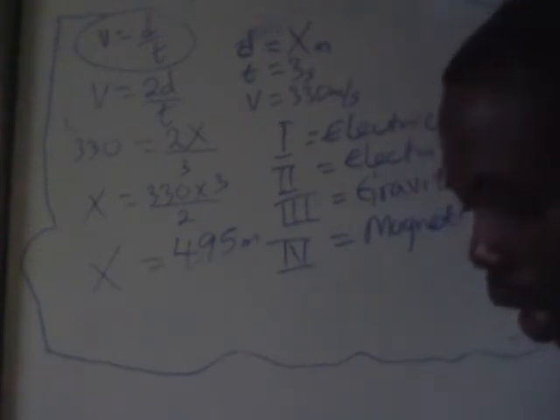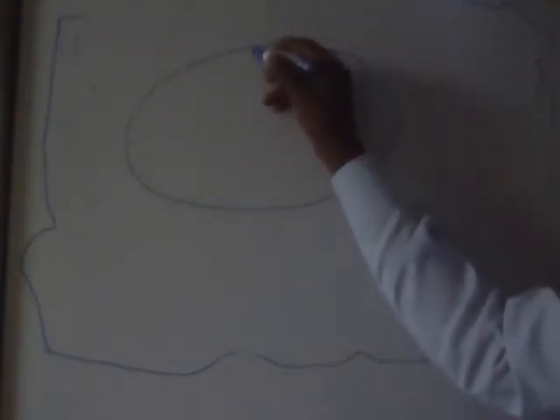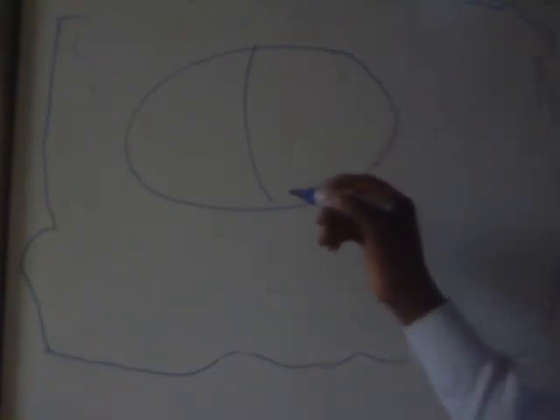Now number 32. The diagram below, let me sketch the diagram. Okay, we have the diagram in form of a planet. That's longitude.